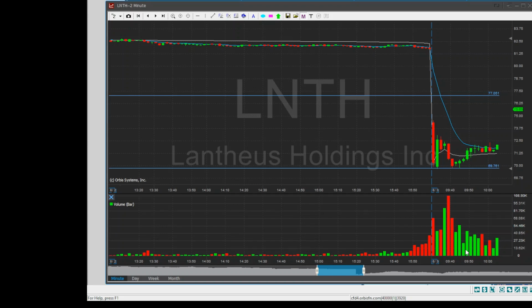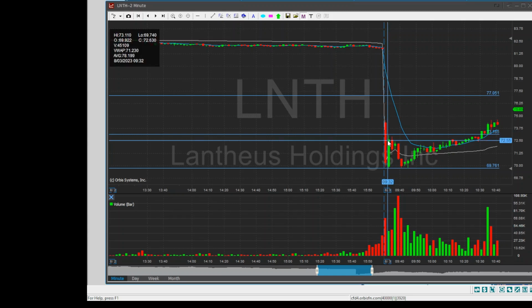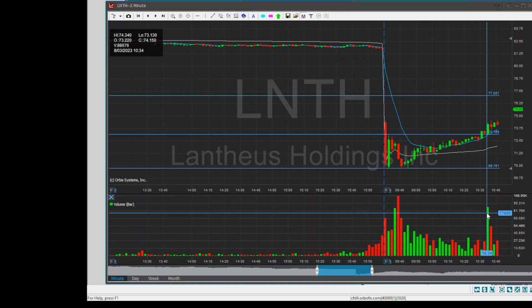I love the volume here, and for the rest, look at the 9 EMA, no need even to take any partial, and definitely when we broke this level here, 73, look at the volume here, really huge volume.